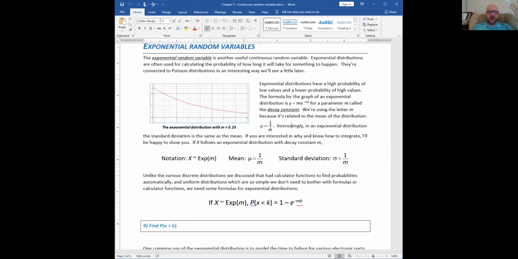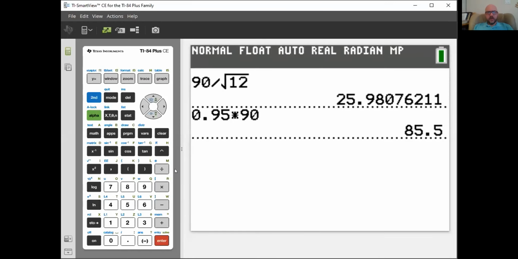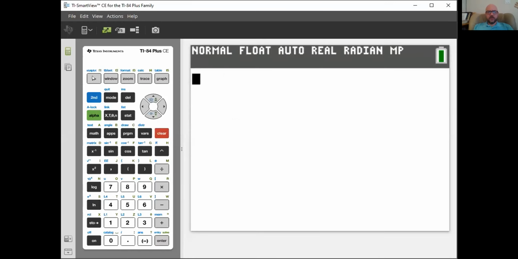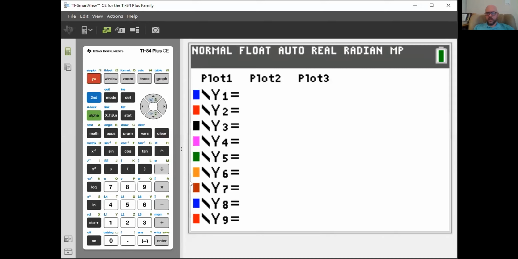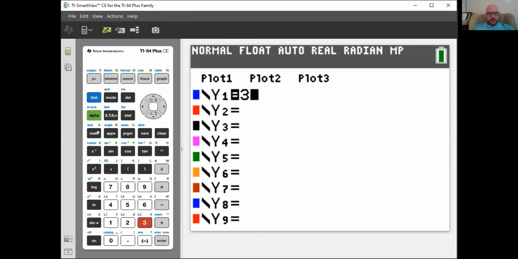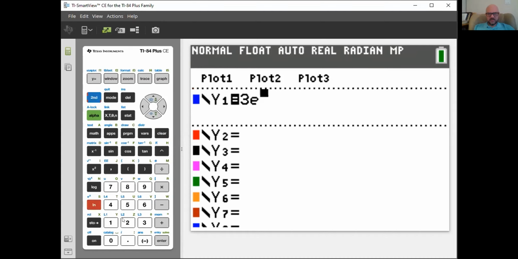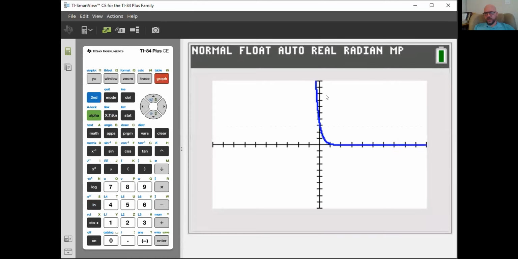Let me graph something. Let's go back to the calculator, and I'll show you a couple of graphs here. Clear that off and go to y equals. If I do 3e to the negative 3x and graph that, you can see it drops quite sharply.